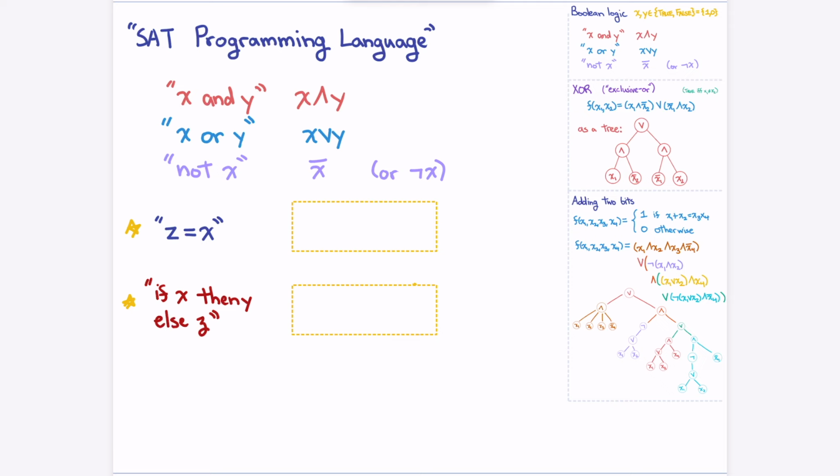You only have ANDs, ORs, and NOTs. All right, so I wrote z and x or not z and not x. And that one is very easy to read off: in one of them they're both true, in the other one they're both false.